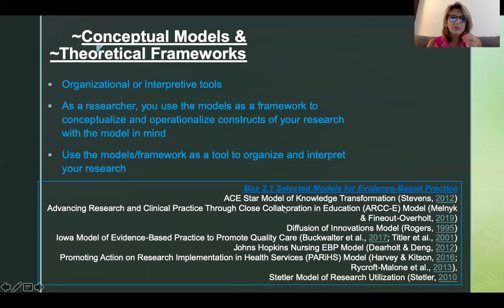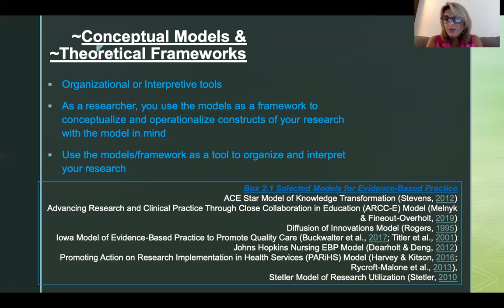The model is supposed to be used as an organizational tool and framework to organize and interpret the research. A lot of the time people do their research and then they decide which model they're going to use. Some researchers pick a model first to help guide their research, and that's how they develop which research they're going to use. But keep in mind, again, back to the levels of evidence, a lot of the research you're going to find, the literature reviews you're going to do, they don't list which model they're using.